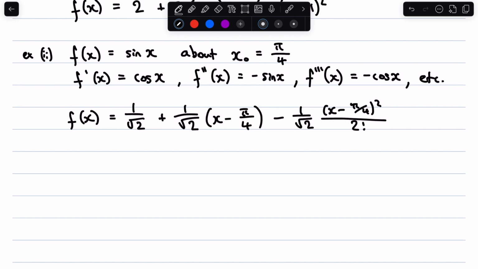And then guess what the next one will be, and so on. And it does not terminate, like I said, but it performs well for small values of x minus pi over 4. So when x minus pi over 4, the size of that is small.